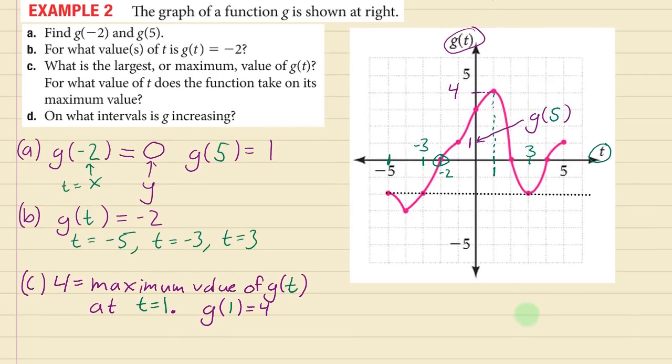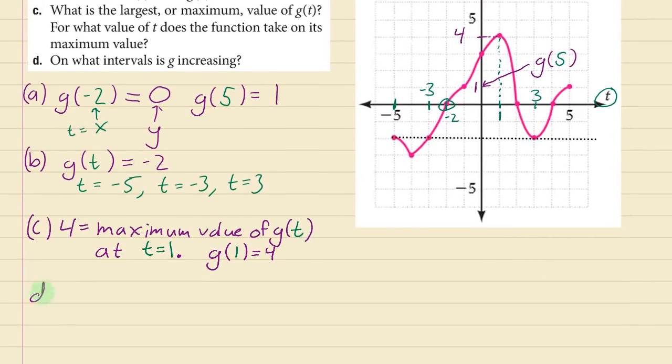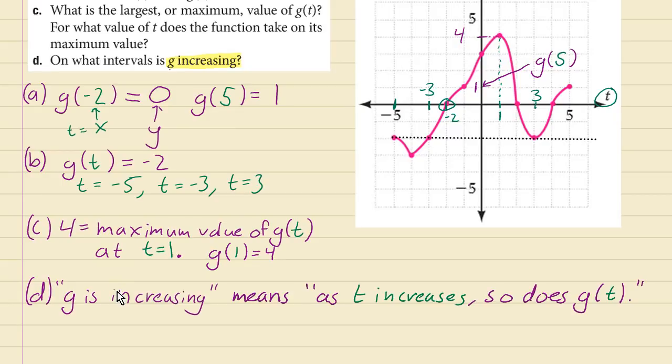Okay, let's look at D. On what intervals is g increasing? So first of all, what do we mean by g is increasing? Here's a definition of an increasing function.